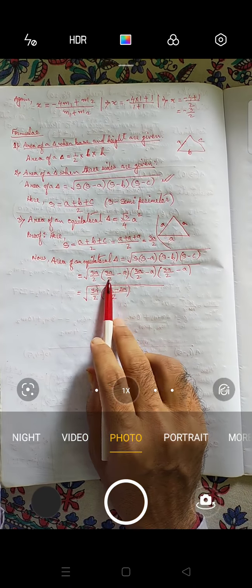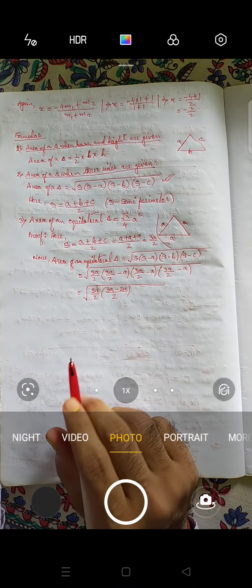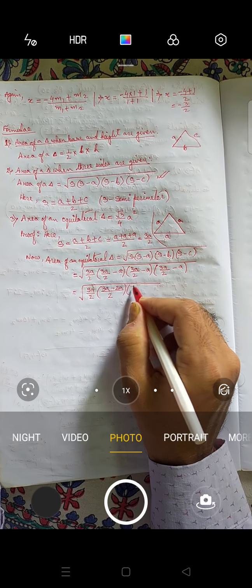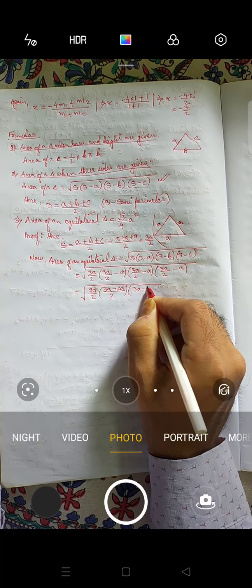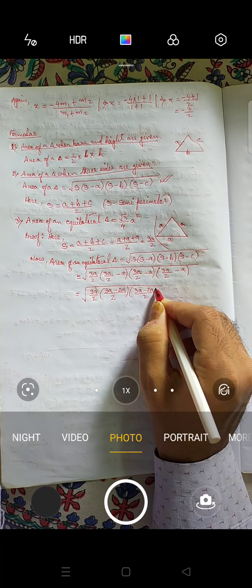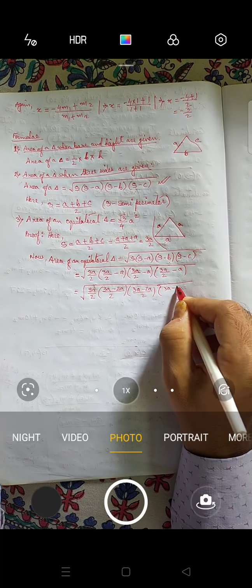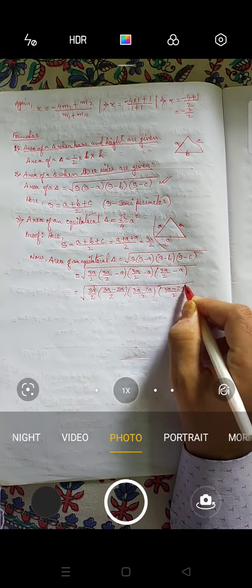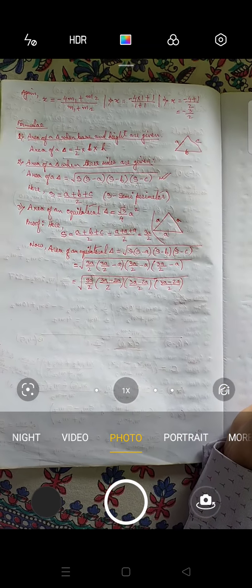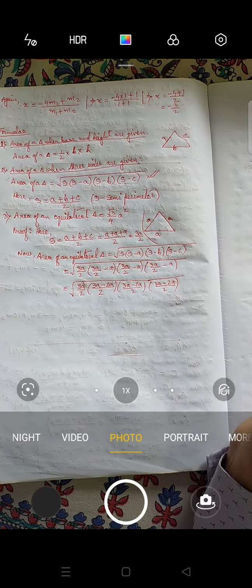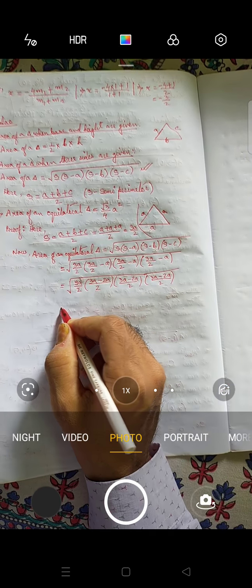Now you can see this and this all are the same. So can I write the same way, 3A minus 2A by 2, and here also 3A minus 2A by 2, the same thing only, right? All are the same, so I have written the same thing. Any problem?